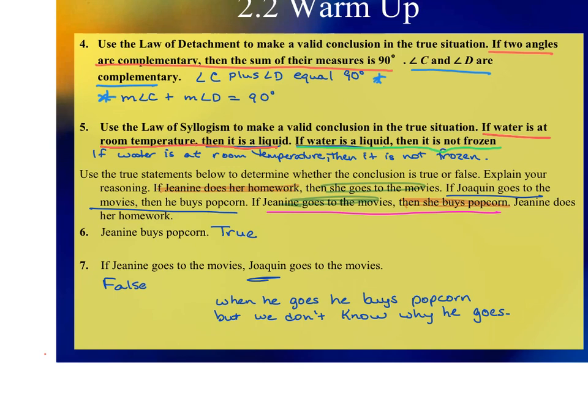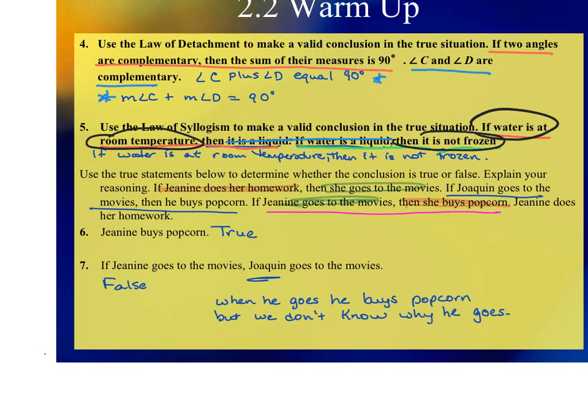Notice the two things that are going to cancel are, it is a liquid, it is a liquid. So then what you're doing is writing this hypothesis, which goes over to here also, with this conclusion. So if water is at room temperature, then it is not frozen. You're going to cancel out that overlap, the conclusion of the first sentence and the hypothesis of the second.